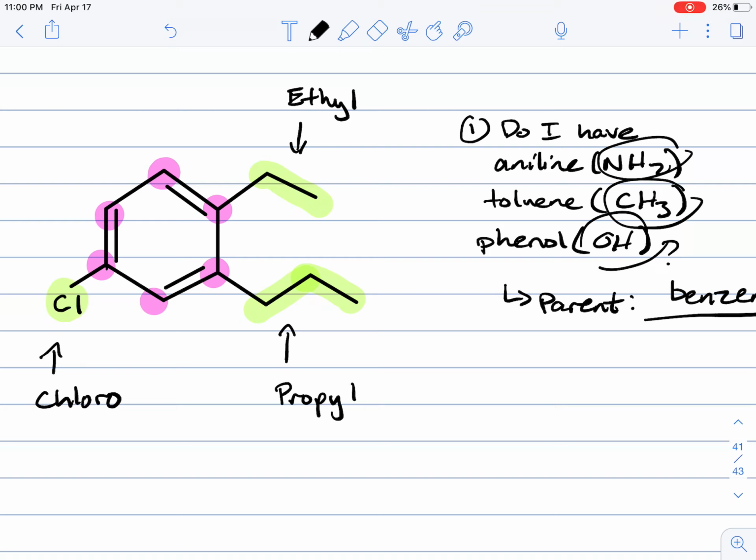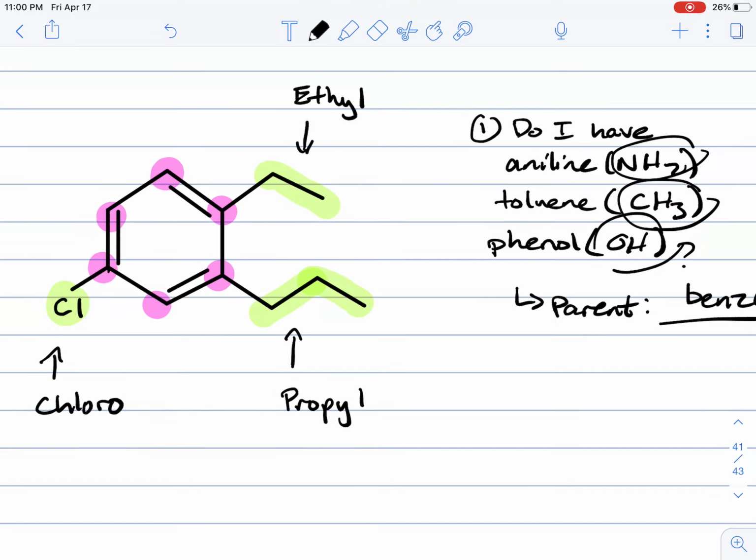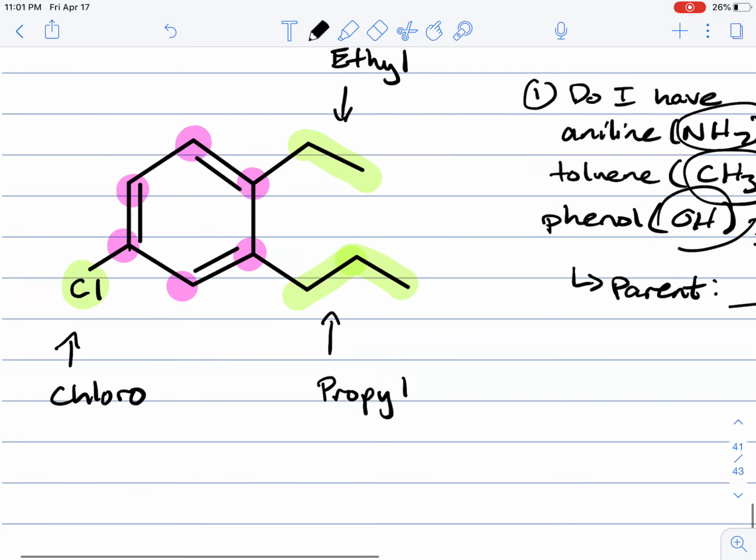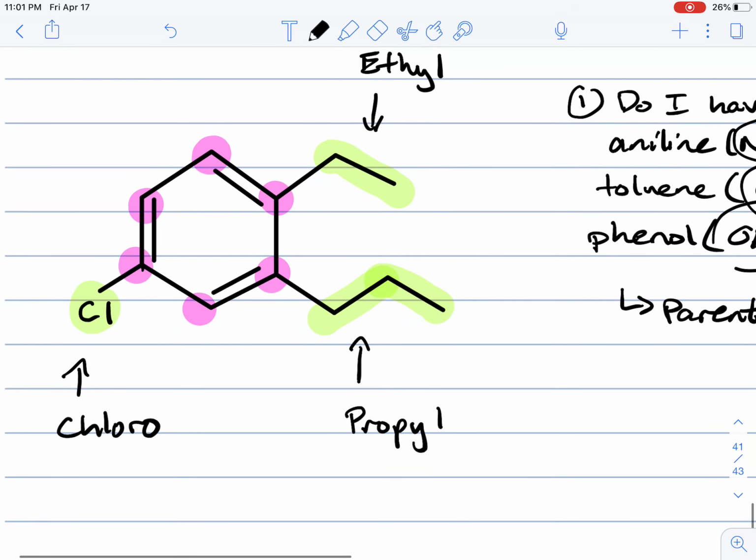And so what we're going to do is number this carbon system such that we get the lowest number for each and every single one of these substituents. And so there's going to be many iterations of this.